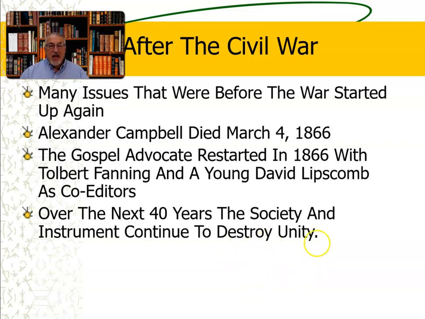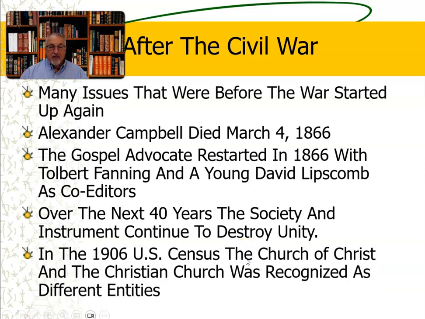Over the next 40 years, the society, that is the missionary society, and the use of the instrument continue to be a barrier to unity and creating division. And so then, in 1906, the U.S. Census lists the Church of Christ and the Christian Church as different entities. So the Churches of Christ as one, that's the non-instrumental, don't use instruments.